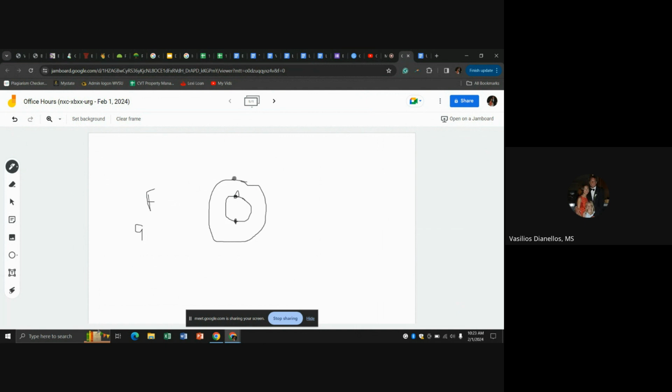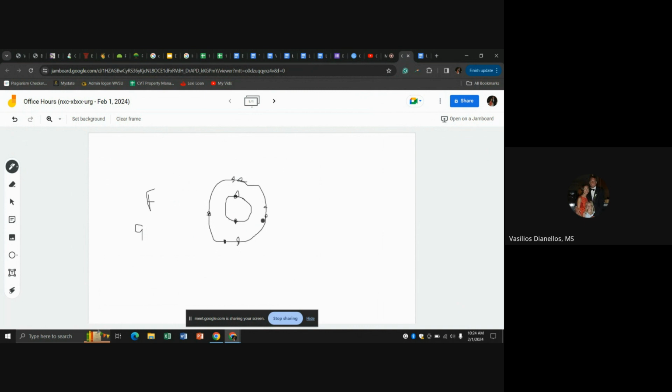Here we go. 1, 2, 3, 4, 5, 6, 7. And that's it. That's a planetary model for fluorine. I can double check myself to make sure it has 9 electrons: 1, 2, 3, 4, 5, 6, 7, 8, 9. There we go. It is good.